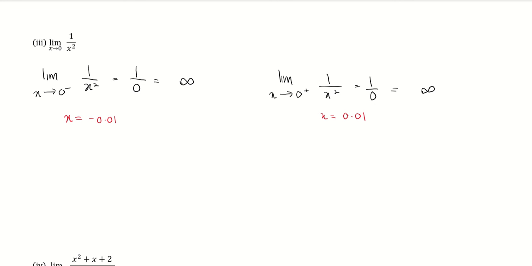If we substitute into the function, this one we will get a positive value: 1 over negative 0.01 squared is positive. Also here, 1 over 0.01 squared is also a positive value. So both are positive infinity, which means the limit as x approaches 0 is positive infinity.